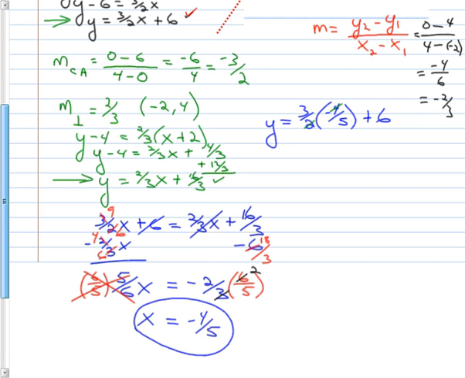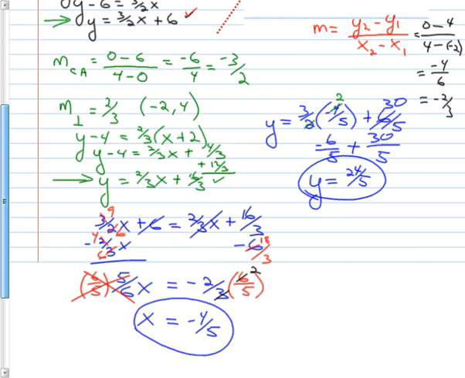Well, 2 goes into that 4 twice. 3 times negative 2 is negative 6. Negative 6/5 plus, if I have to get a common denominator of 5, that changes 5 times 6 is 30. 30/5. What's negative 6 plus 30? 24/5. My y value is 24/5.